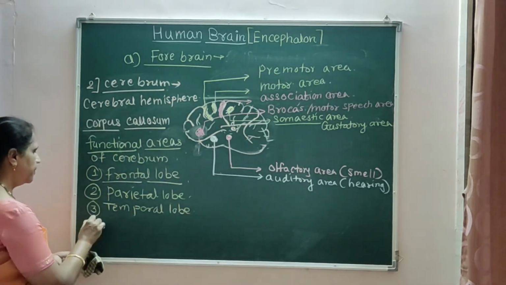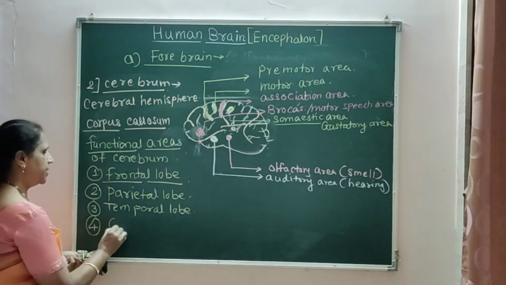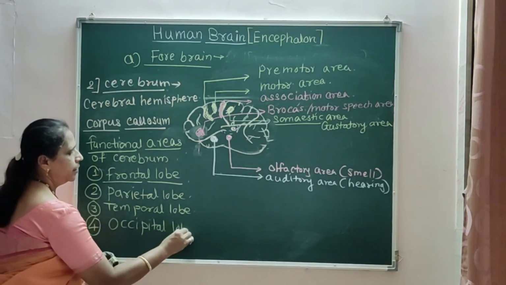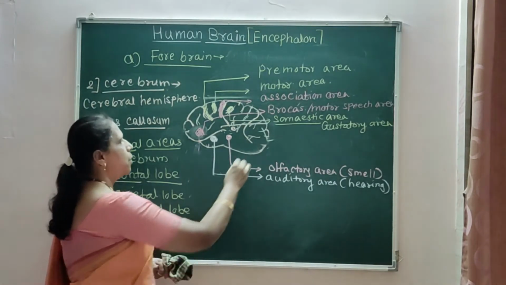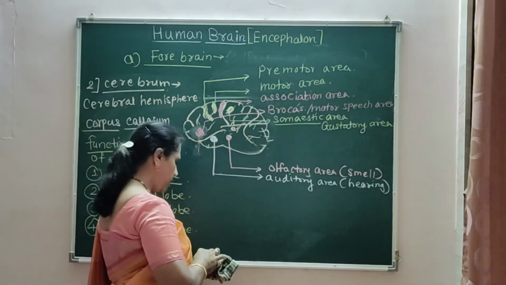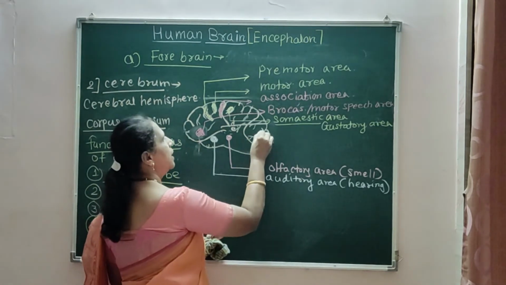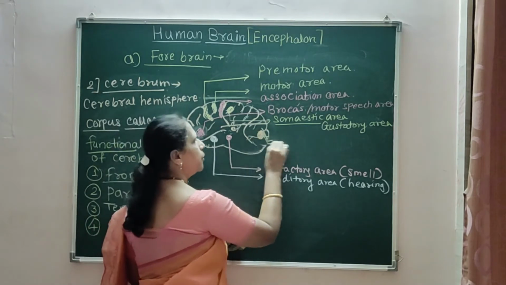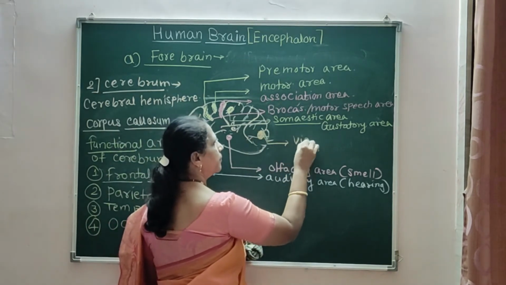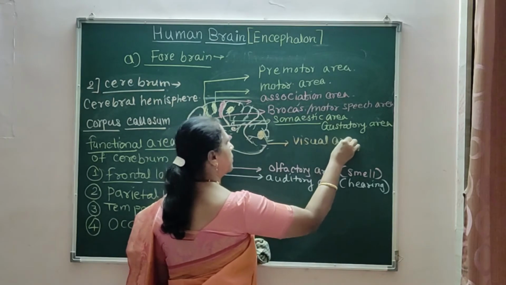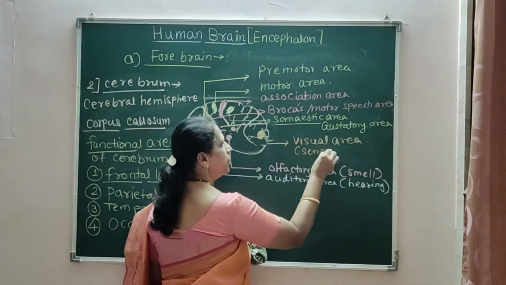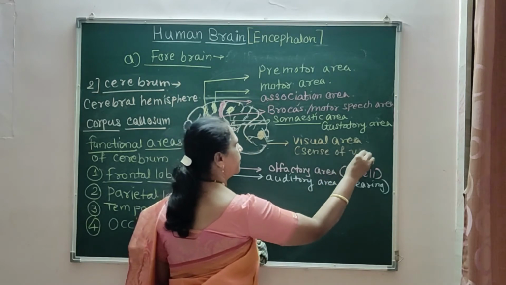Then the last, fourth lobe is called the occipital lobe. This occipital lobe shows the visual area, which is concerned with the sense of vision or sight.